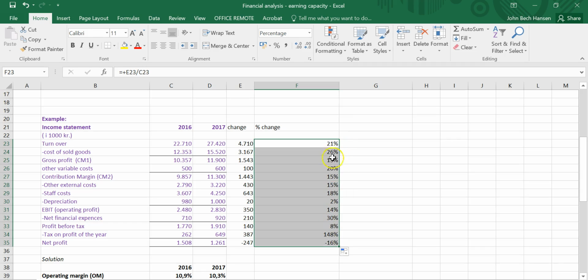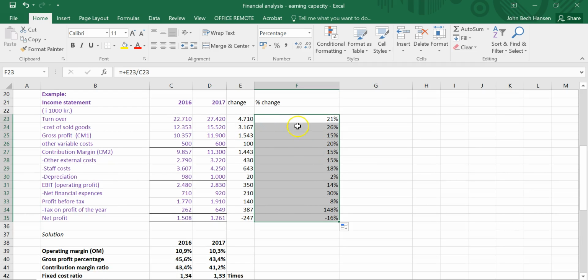So now I have all the figures, and I can see that the gross profit has only increased 15%, whereas the turnover was increasing 21%. So you can see the cost of goods sold has increased more than the turnover itself. Okay, and we can see here that other external costs are quite conservative.